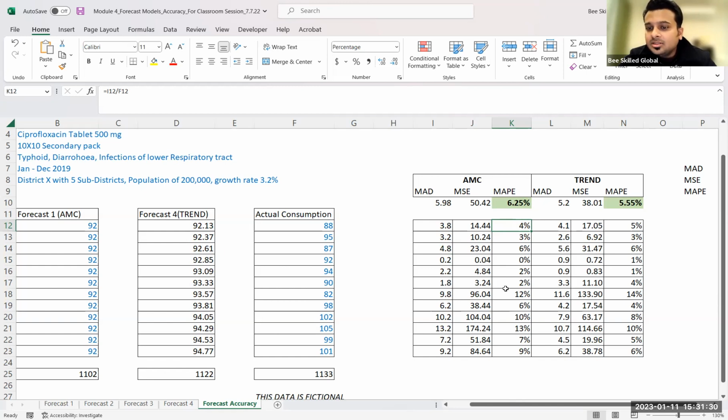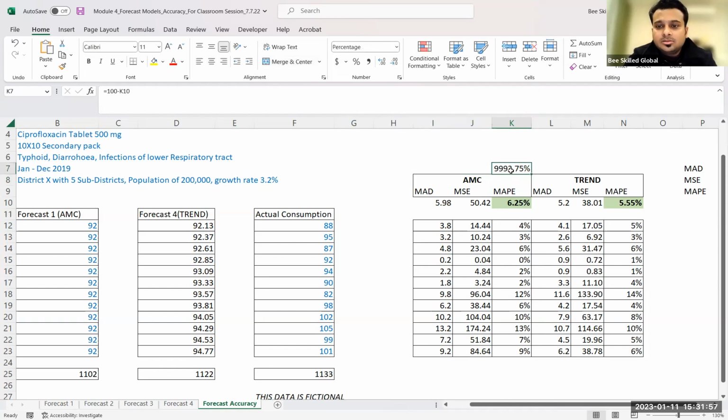So for every month, I calculate the absolute percentage error and then I take the average for the entire year. So when I take the average, it means for this year, using the AMC forecast methodology, the forecast error was 6.25, which means the accuracy was 100 minus 6.25.